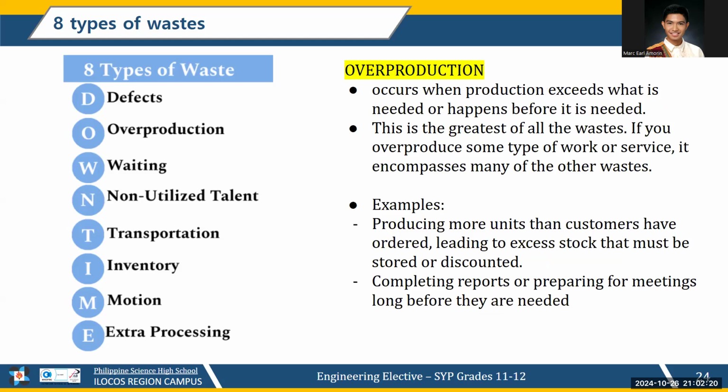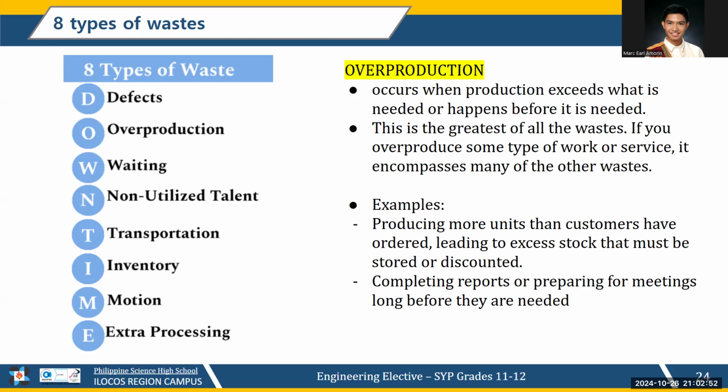O stands for overproduction, and this occurs when production exceeds what is needed or happens before it is needed. Overproduction is considered the greatest of all the wastes. Why? Because if you overproduce some type of work or service, it encompasses many of the other wastes which we will be discussing later on.